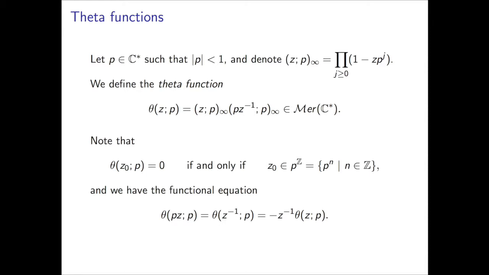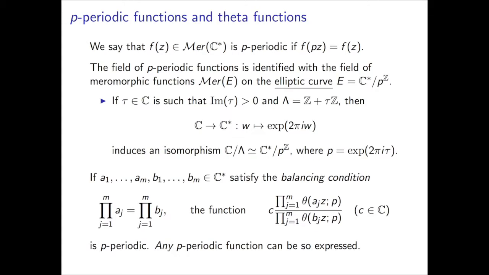Okay. So let me first tell you what these p-periodic functions are in terms of theta functions, and we'll come to those later, and then I'll tell you how they're used to eventually define the elliptic hypergeometric functions. So like I said, a meromorphic function on the punctured complex plane is p-periodic exactly when multiplying the argument by p doesn't change the function itself.